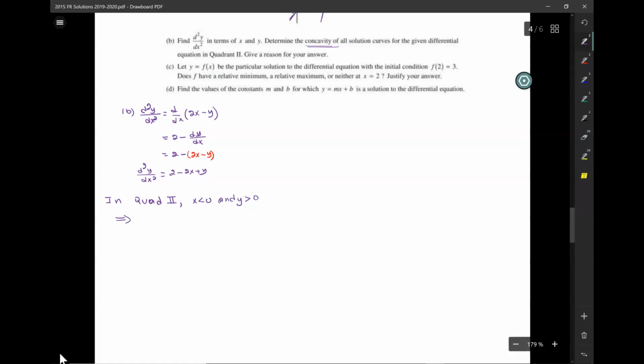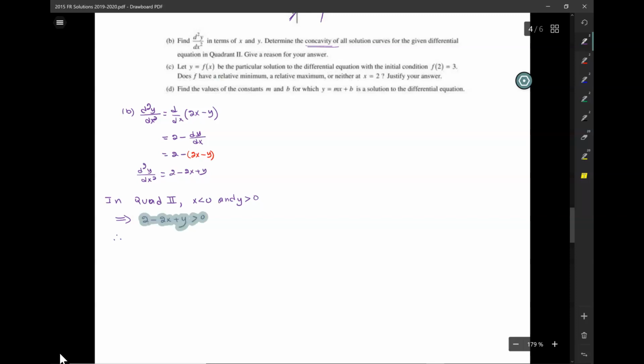Which means 2 minus 2x plus y. So let's think about it. If x is negative, now we have positive, positive, and y is positive, all positives. Right? So that whole thing is positive. Therefore, oh, wait.